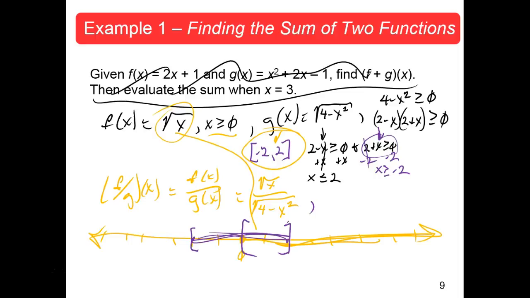The denominator, what can you never divide by? Say again? 0. Okay, so now we have another restriction. It has to be between those two, but now it can't be equal to 0. Now what would make that denominator 0?